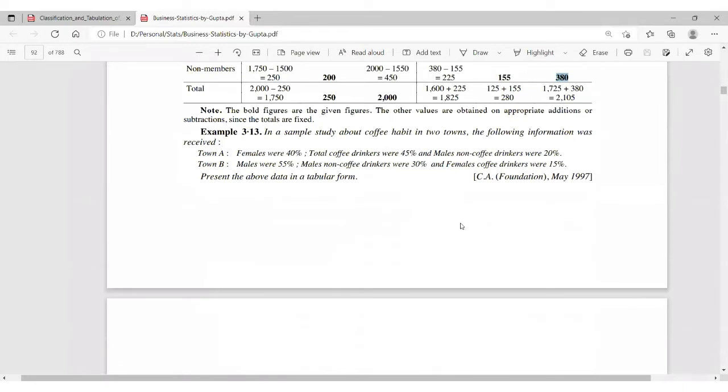Do this 3.13. Please do, I'm waiting. Take one paper and pen. Make this table.